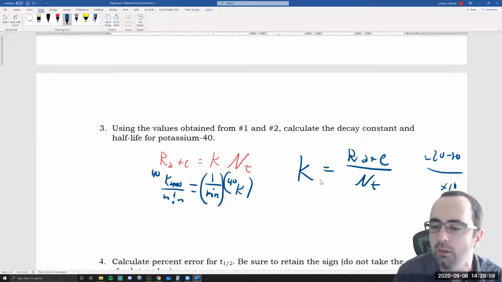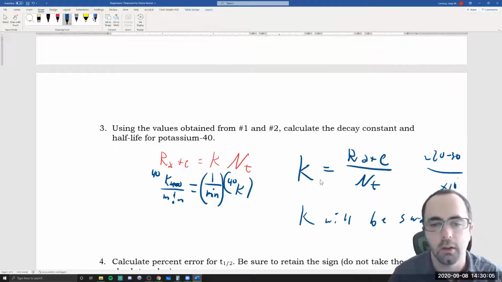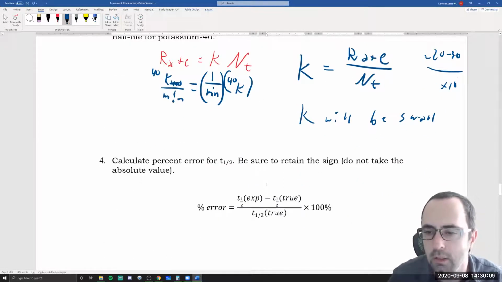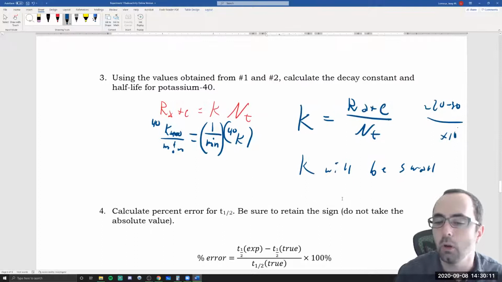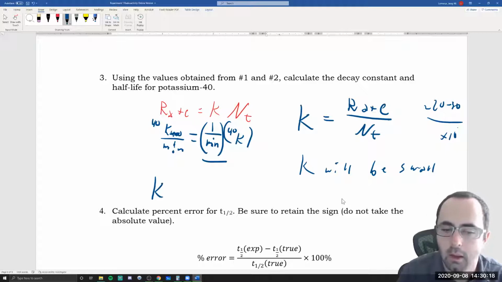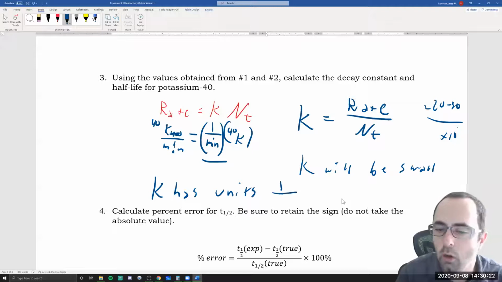So you're going to get a very small number. K will be small, in the negative 14, 15-ish type of range. What's important though is the units: K has units of 1/minute.